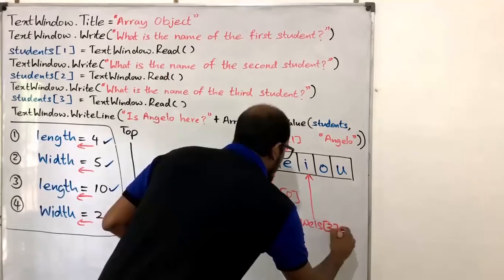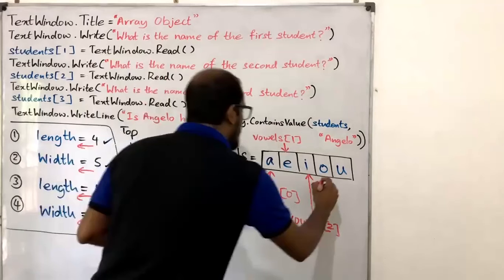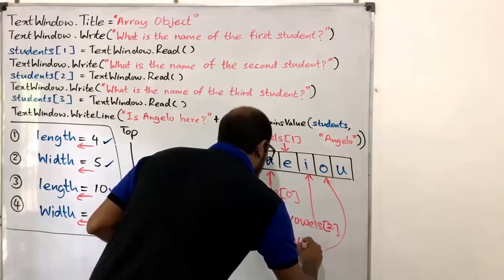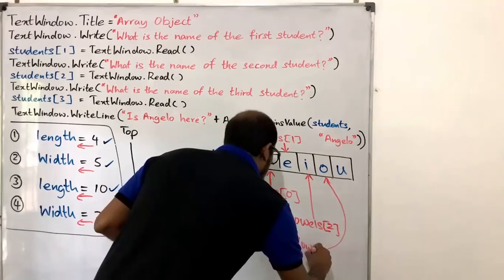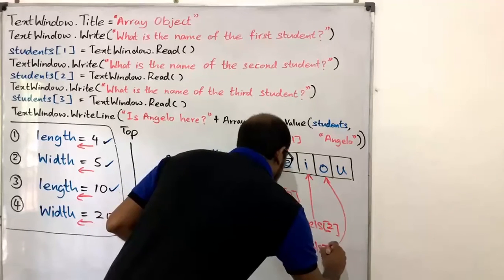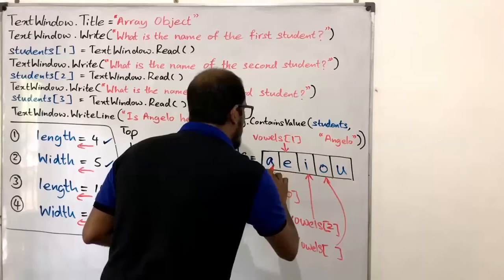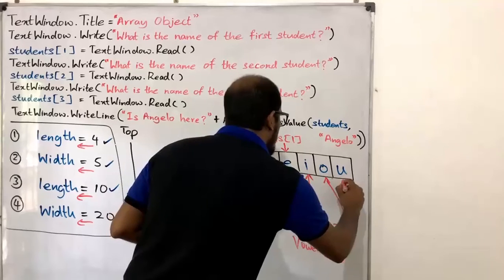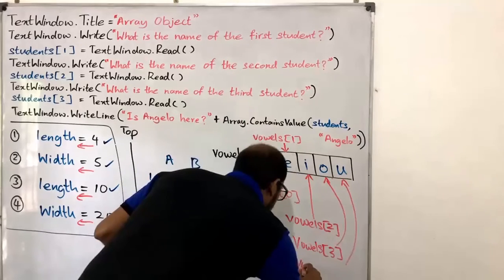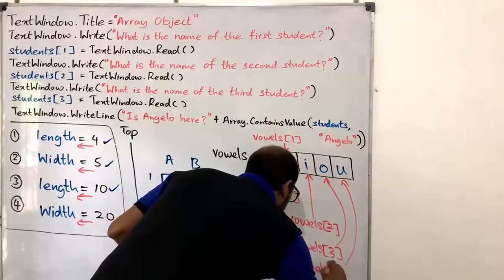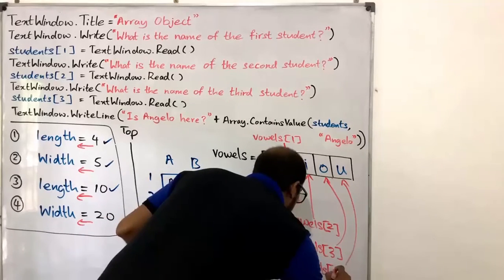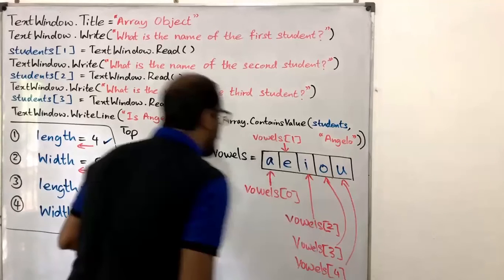So this one is vowels within square brackets 3. And this one is vowels 4.